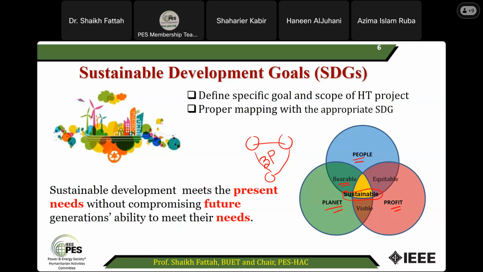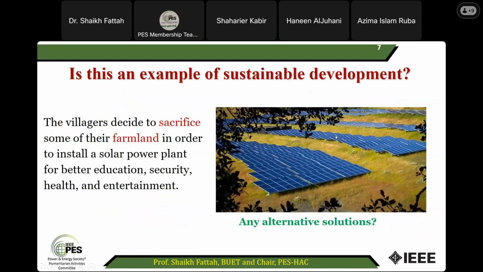That means you are taking the resources from the planet, and you are having some target. Okay, I'll make some profit, but that will be used for the existence of this project. And in that case, you must be very considerate of all these three things. So that's the idea of sustainable development.